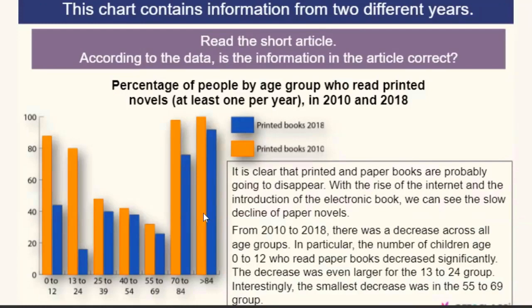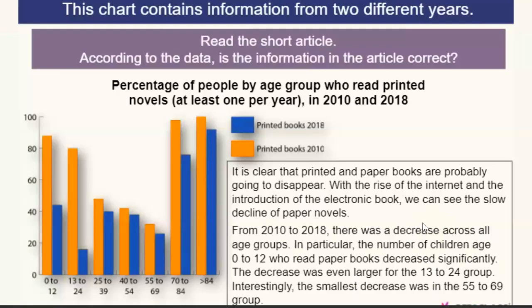So that was just the introduction, just to understand the point that the person is trying to showcase, and the proof of that is the chart, or the bar chart in this case. So from 2010 to 2018 there was a decrease.